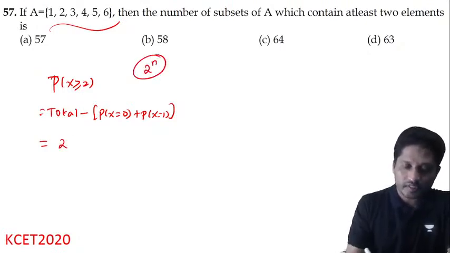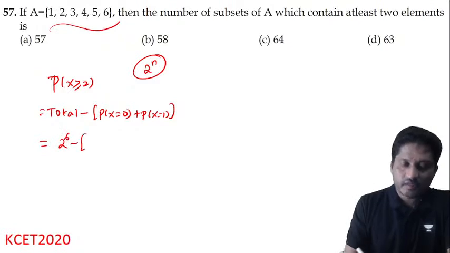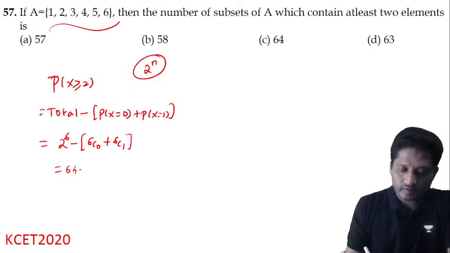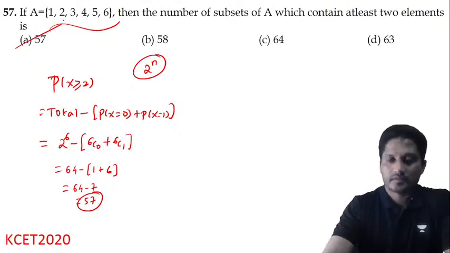So total number of subsets with 6 elements is 2 power 6, minus 0 elements is 6c0, 1 element is 6c1. 2 power 6 is 64, minus 1 plus 6. 64 minus 7, which is equal to 57. Answer is option A. Let's move to the next question.